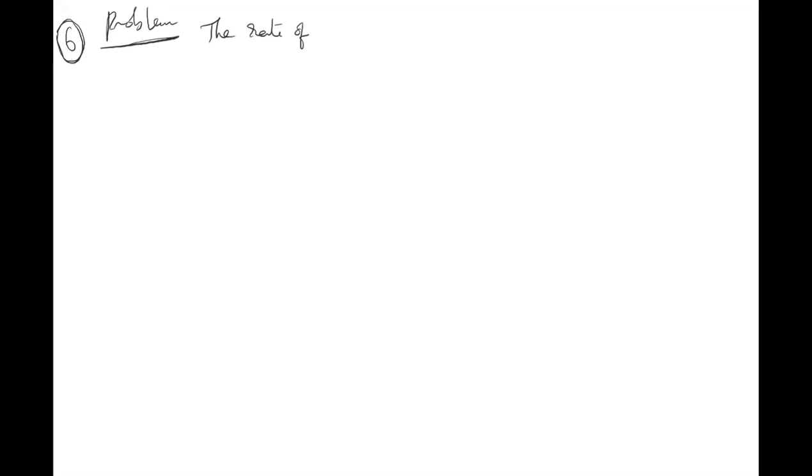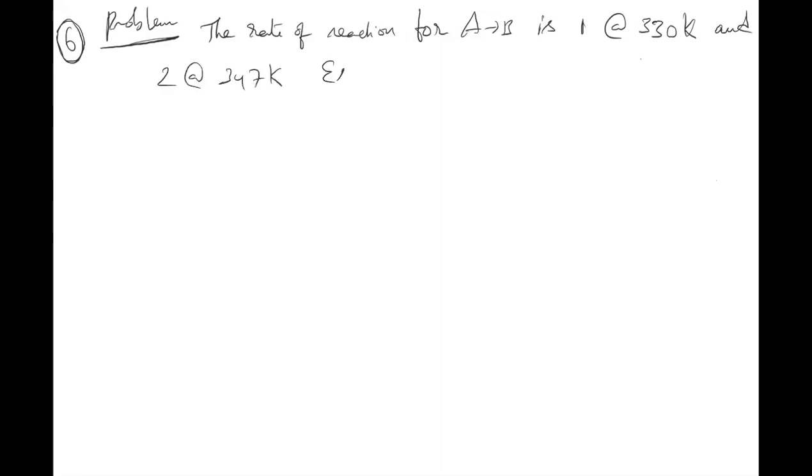The rate of reaction for A gives B is 1 at 330 Kelvin and 2 at 347 Kelvin. Estimate the activation energy using Arrhenius law. This is the problem.